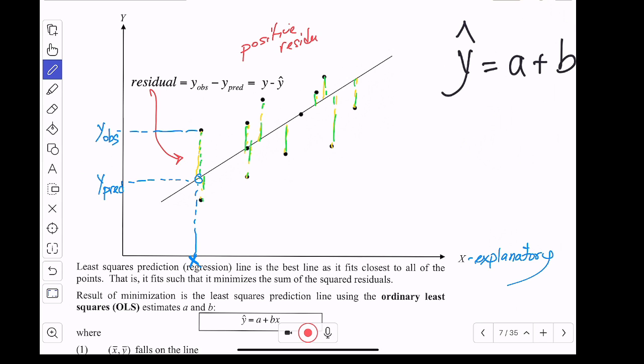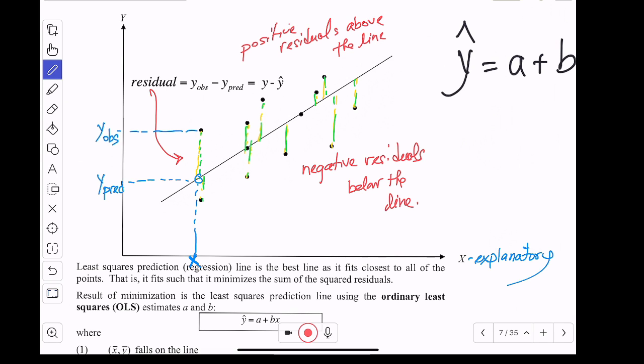The residuals above the line would be positive. The residuals below the line would be negative.